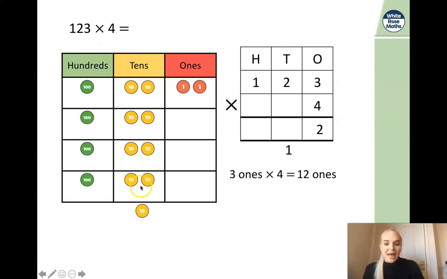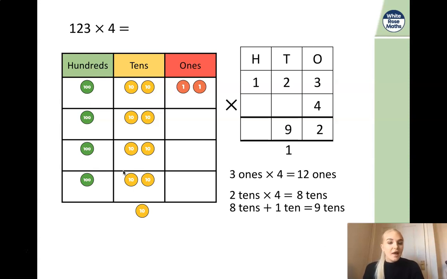We can see that we've got 8 tens here and we have got 1 ten remaining. So we have got 9 tens. Then we can look at our hundreds and see we've got 100 multiplied by 4. So we've got 100 4 times, so we have got 400. So the answer to this sum is 492.